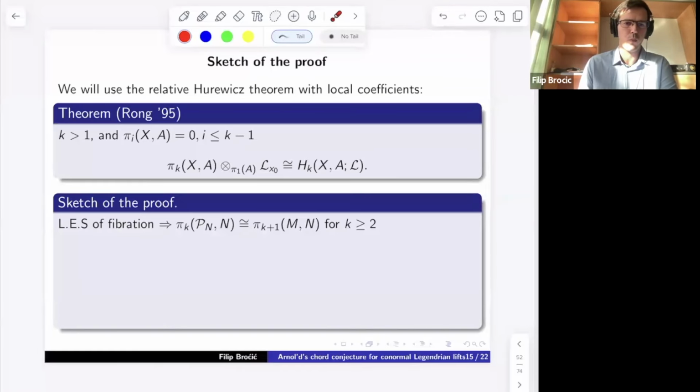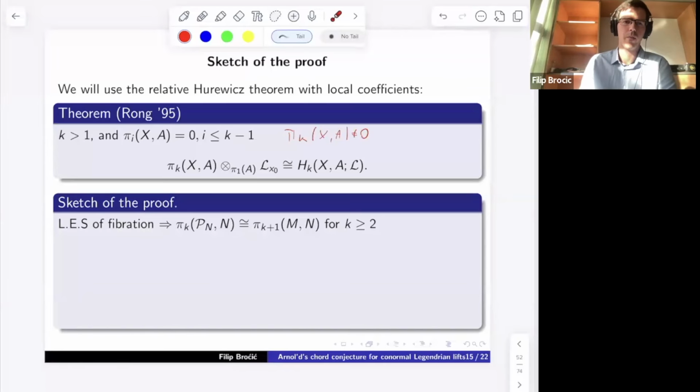Given an integer k bigger than 1, if all relative homotopy groups of the pair (X, A) vanish for i smaller than or equal to k minus 1, and pi k of (X, A) is not 0, we have an isomorphism between the kth homology of the pair (X, A) with the local system L, and the tensor product of the relative kth homotopy group over the group ring of the fundamental group of the subspace, tensored with the fiber of the local system.